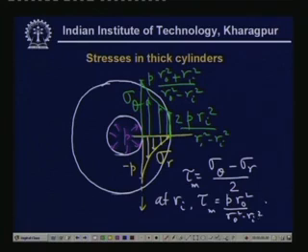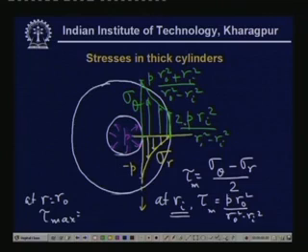And at R equal to R0, tau max will be equal to sigma theta, which is equal to P Ri square divided by R0 square minus Ri square, and sigma r, which is equal to 0.